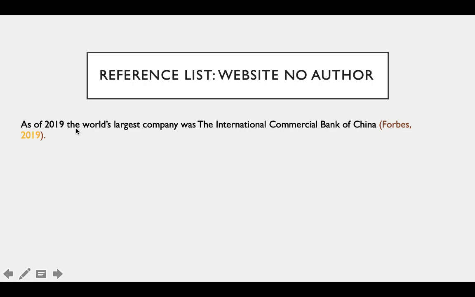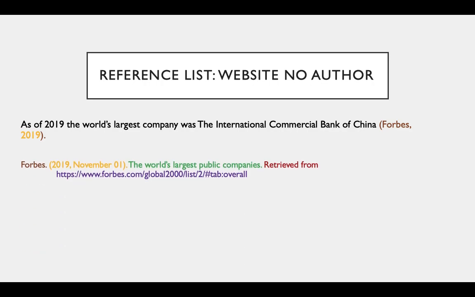As of 2019, the world's largest company was the International Commercial Bank of China. Okay, and this information was taken from Forbes in 2019. Okay, so this is our citation. Now, this citation corresponds to this entry in the reference list.